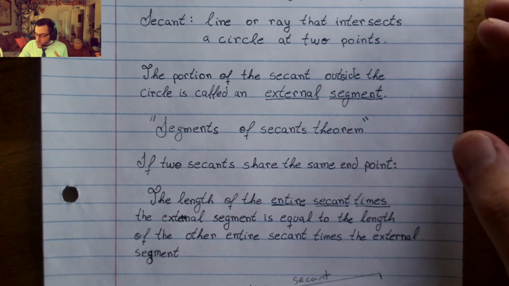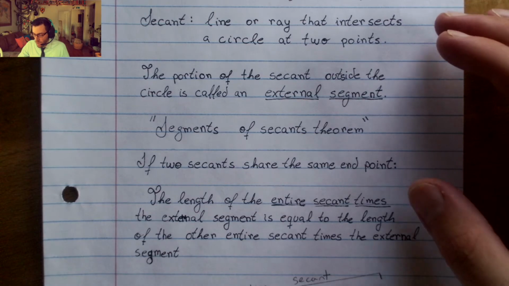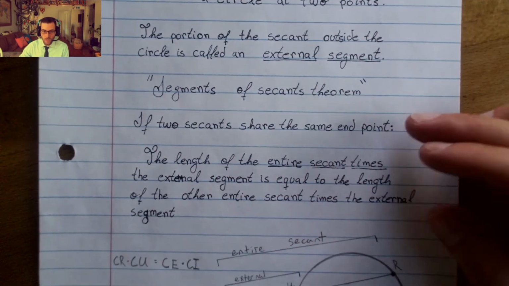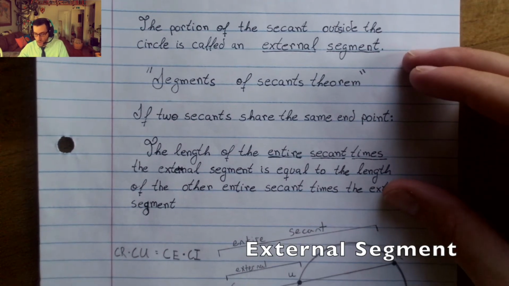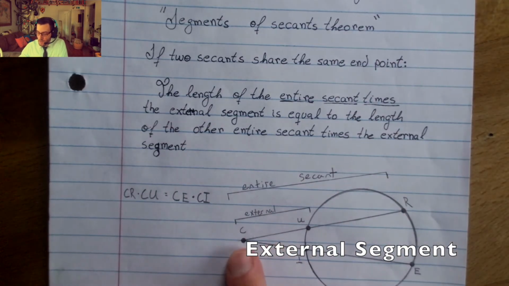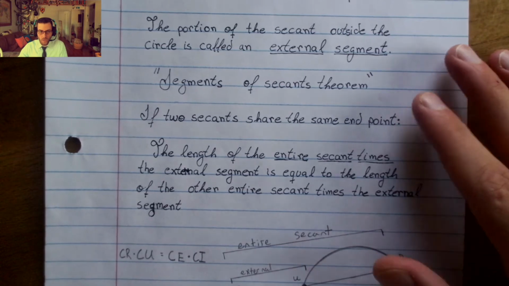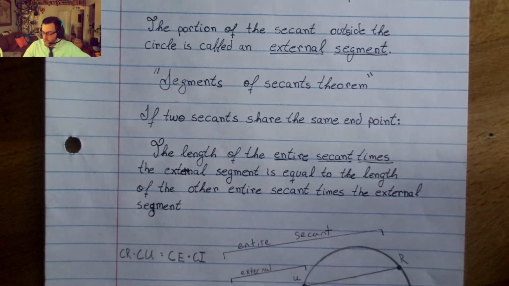When we have the secant outside of the circle itself, we refer to this as our external segment. The external segments down along the bottom here are CU and CI, but we can just define it as the portion of the secant which lives outside of the circle itself.